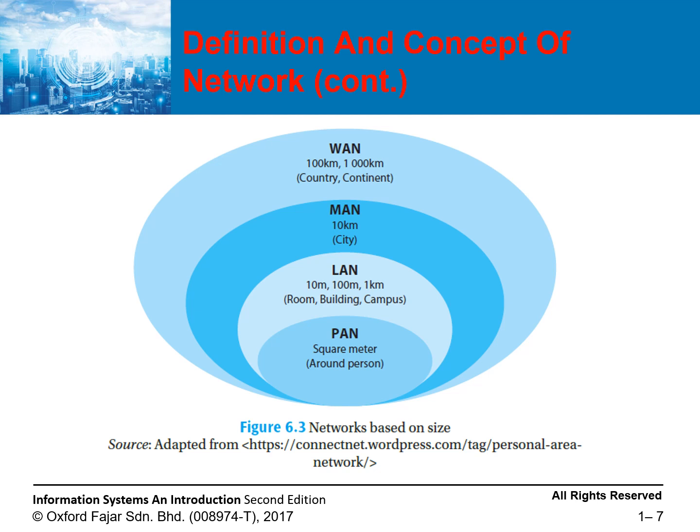So what is MAN? MAN means metropolitan area network. This is larger than a LAN. It will connect LANs across an entire city, campus or region. Depending on the configuration, a MAN can cover up to tens of miles.